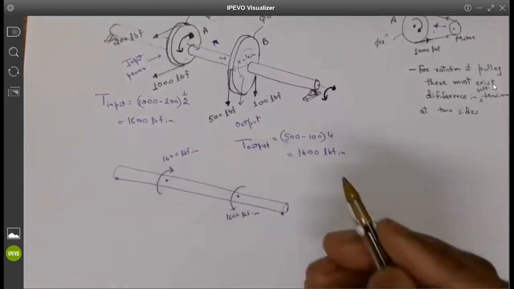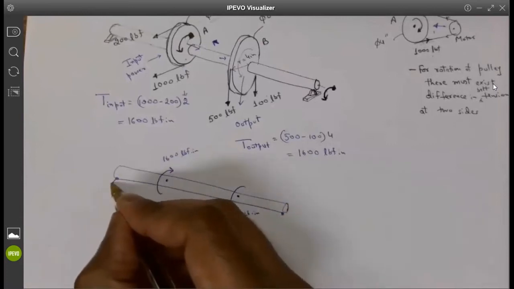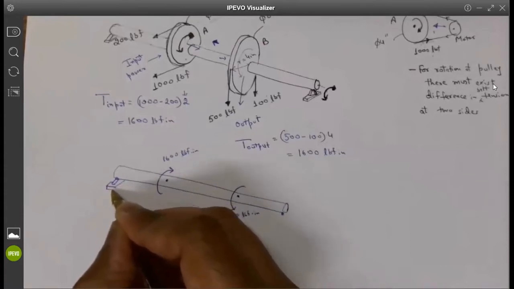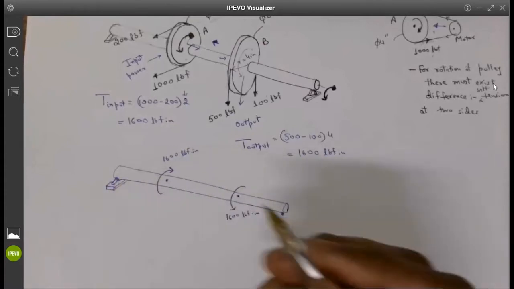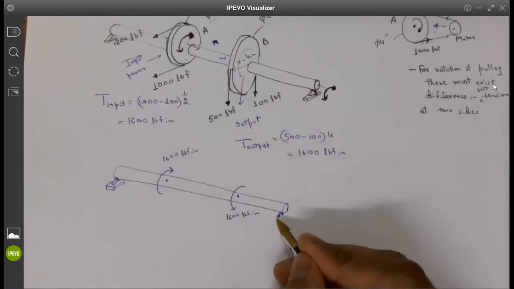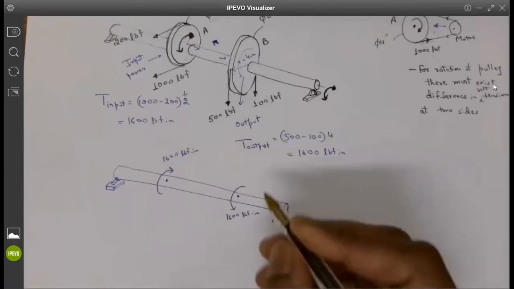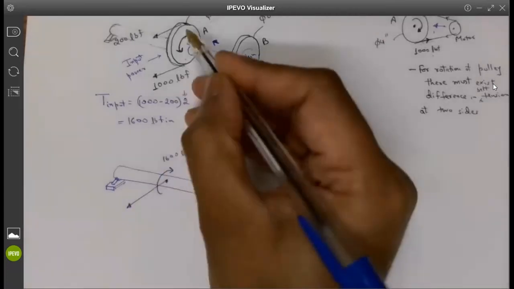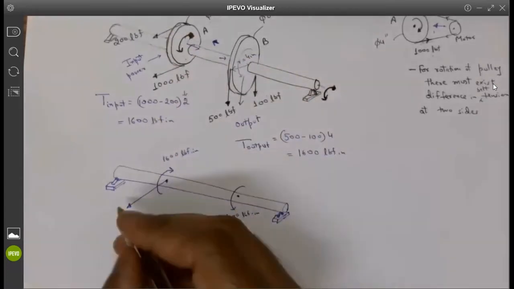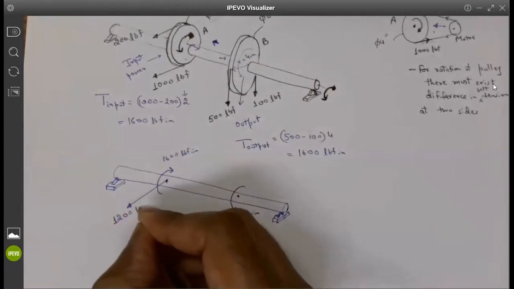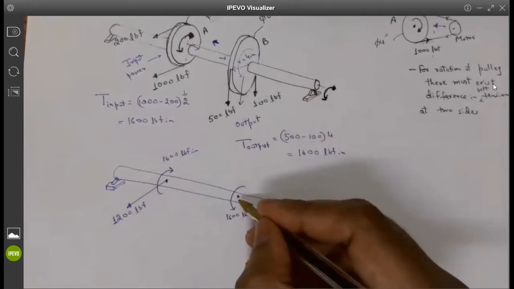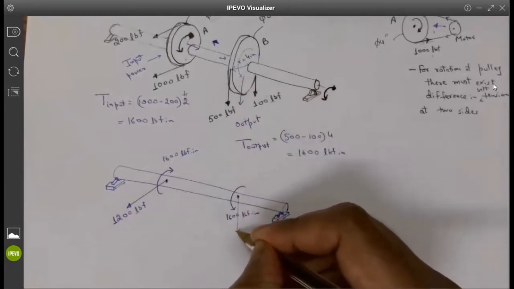And at the same time, what the shaft is experiencing is a force given by the sum of the two tensions, and that will be 1200 pound force, and it will be 600 pound force at the bottom.